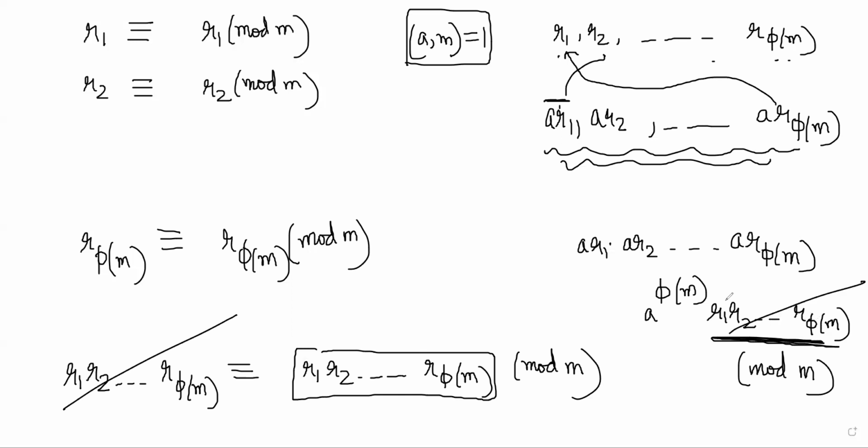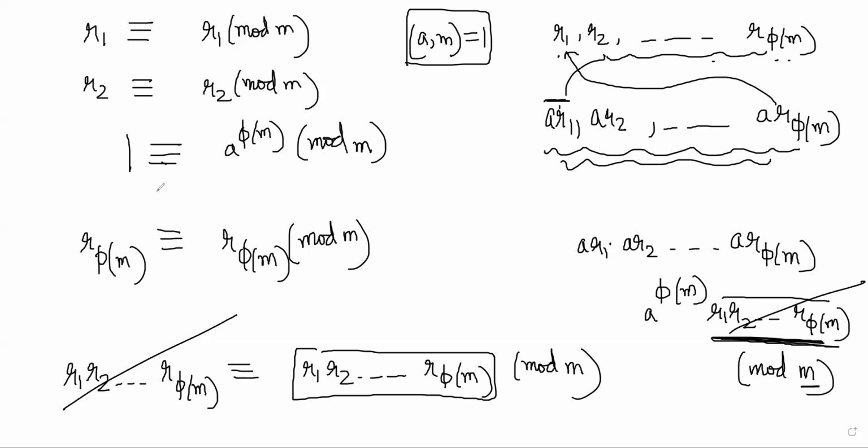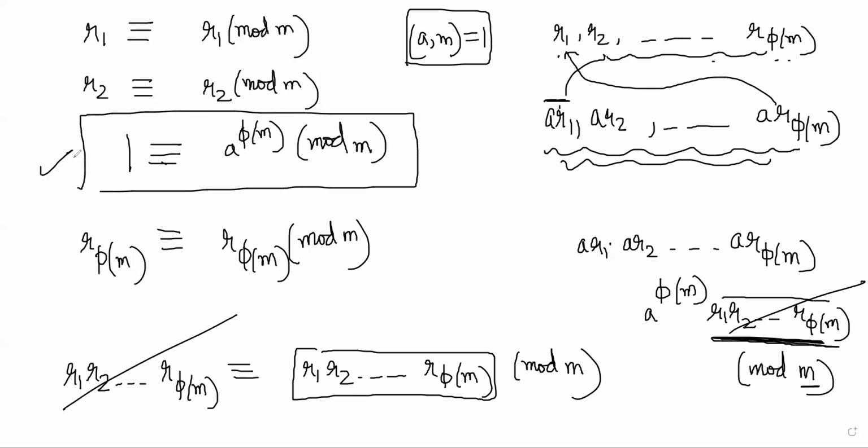Cancellation law applies if the numbers here are co-prime with M, right? And we know they are co-prime because we have taken this as a reduced residue system. So we get directly A power phi M, 1 is congruent to this mod M, which is what Euler's theorem states. That is the condition of Euler's theorem.